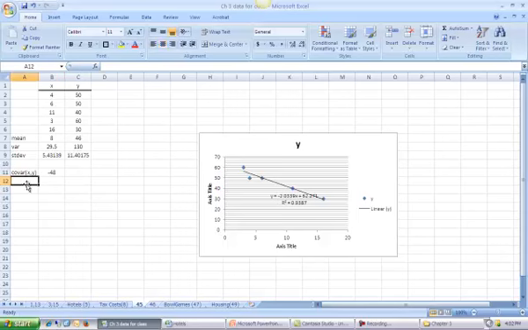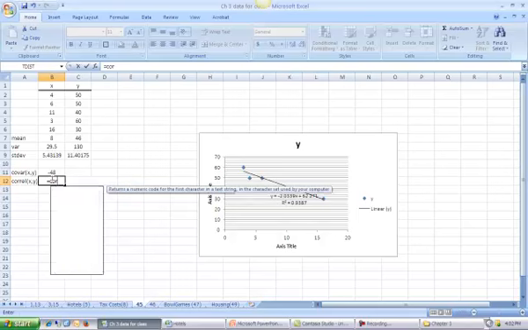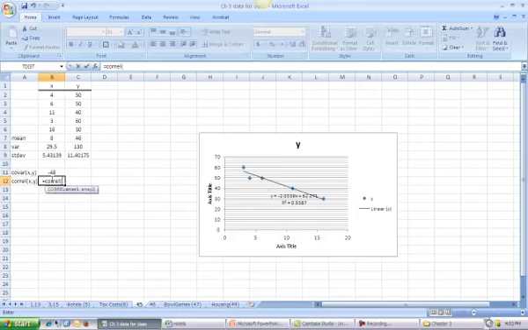And then I wanted to get the correlation coefficient. So I go over here, equals correlation, array 1, highlight your x data, array 2, highlight your y data.